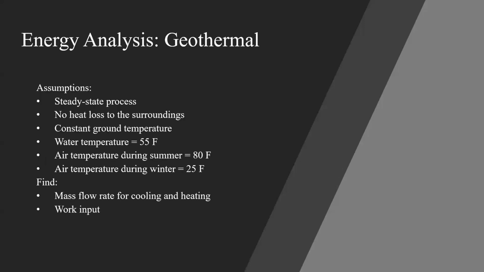Onto the geothermal system. For a geothermal system, we calculated the mass flow rate of heating and cooling, and then the input of the pump that is required to produce an amount of energy equal to the baseline energy. Our assumption was the temperature of water is 55 degrees Fahrenheit, and the air temperature during the summer is 80 degrees, and during the winter is 25 degrees.